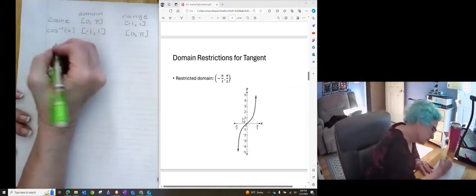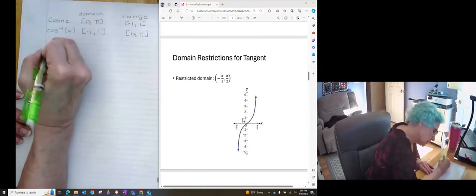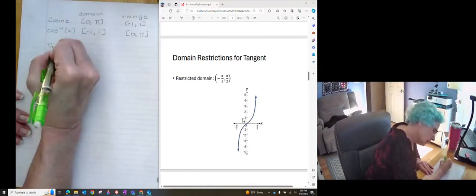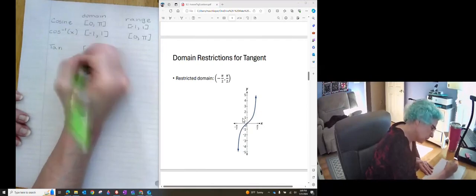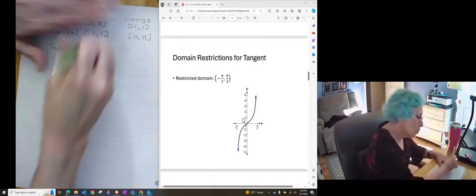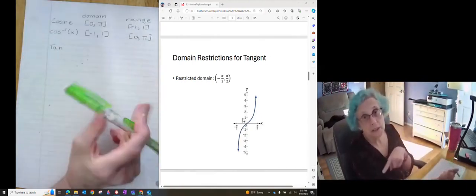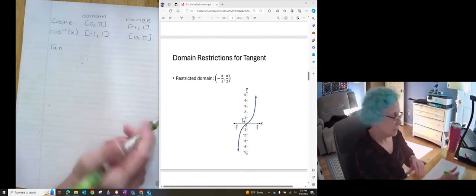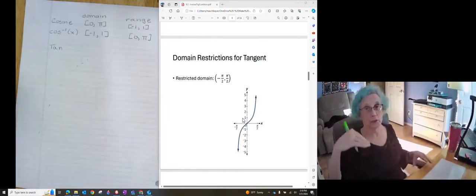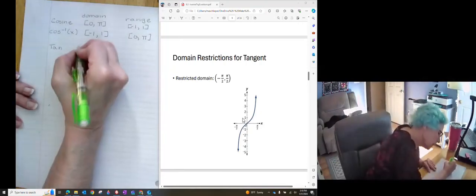Tangent's a little different because tangent, the domain is restricted to the open interval, not the closed interval, because tangent doesn't exist at pi over 2 because it's sine over cosine, and cosine is equal to 0 at pi over 2.